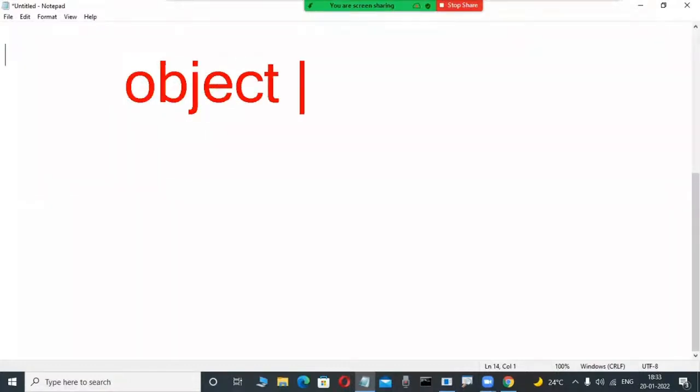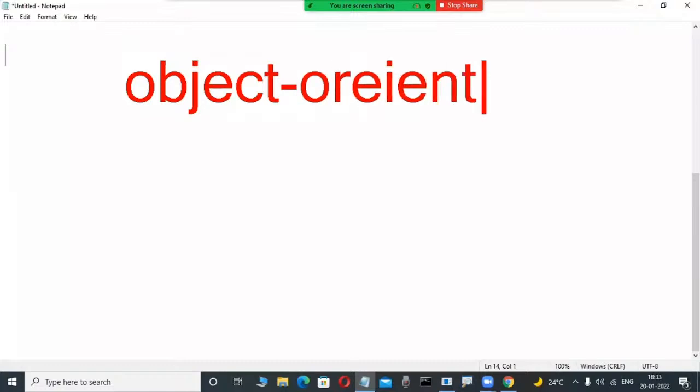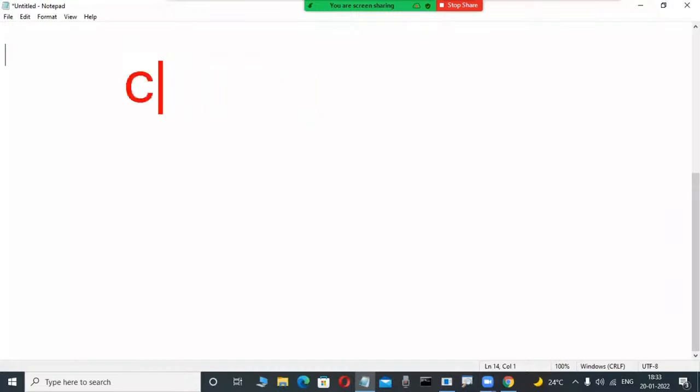Suppose there are so many object-oriented languages worldwide. Maybe many fellows have an idea. C++ is an object-oriented language. Java is a popular object-oriented language.